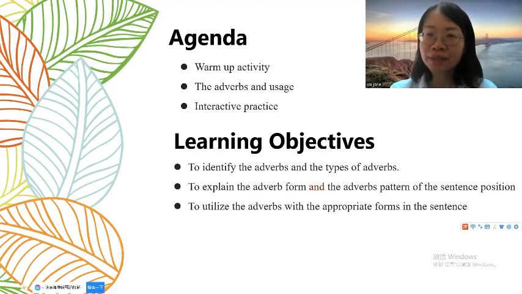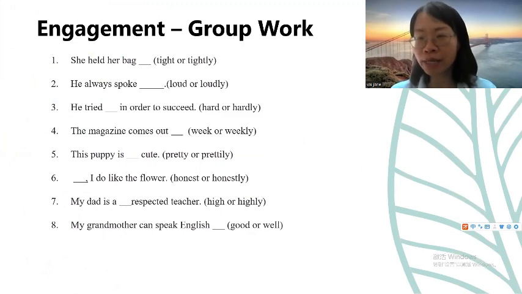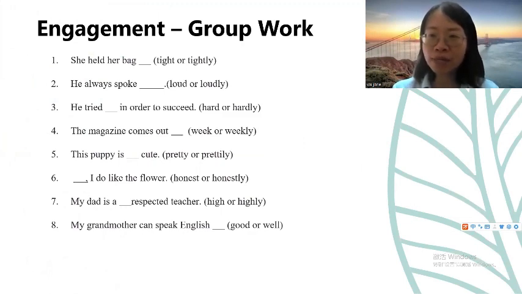Okay, let's move on to today's first part, the engagement warm-up activity. I have published our group names and your names for each group in the Blackboard. If you do not know your group name, please let me know. Once you have your group work, there are 8 questions.